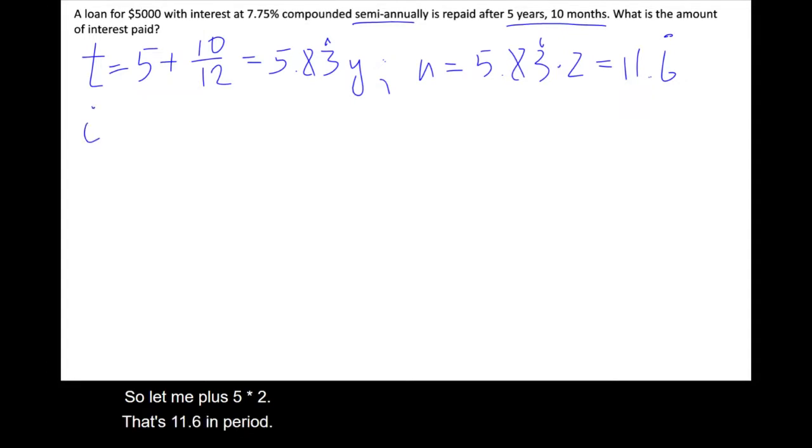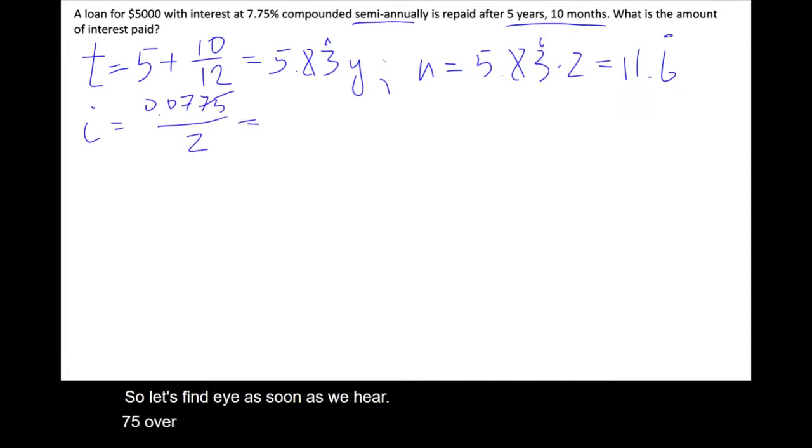So let's find i. So we have 0.0775 over 2, 0.03875.